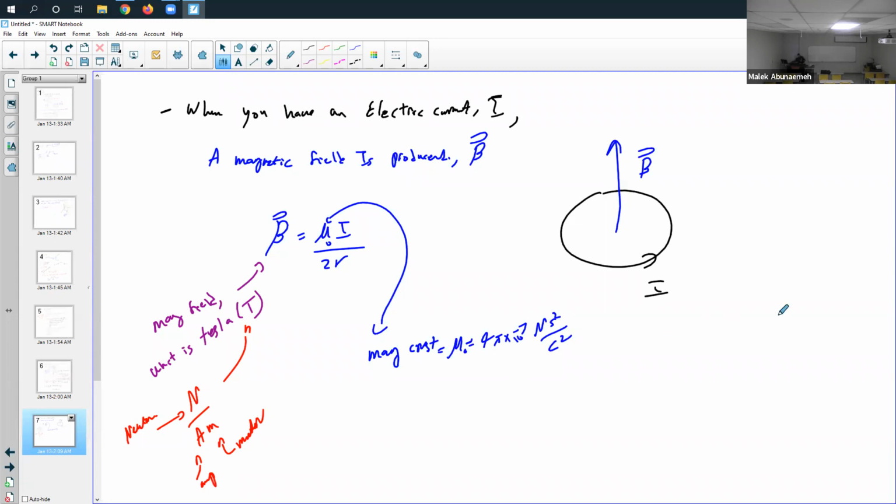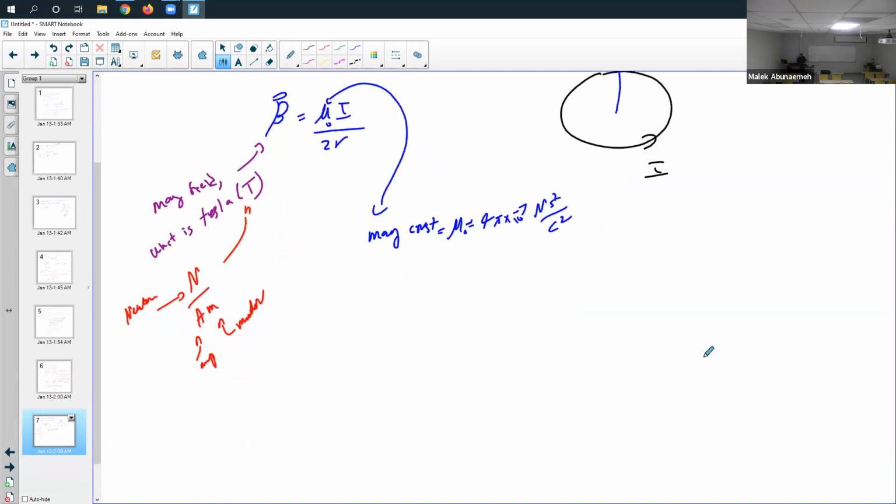Now, you've got a magnetic field, and then it creates something called your magnetic moment, mu. Your mu is equal to your I multiplied by A. Your I, again, is your current, and A is your area.